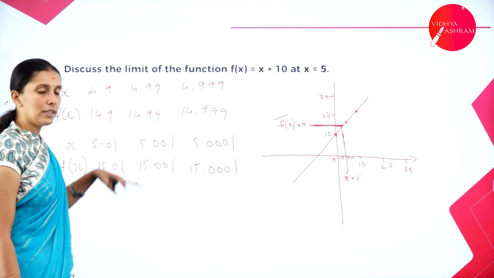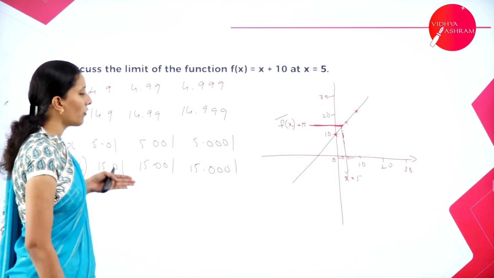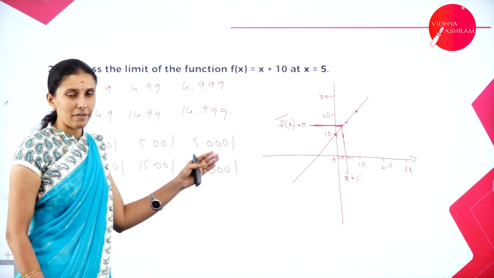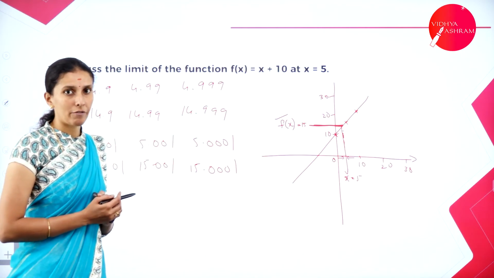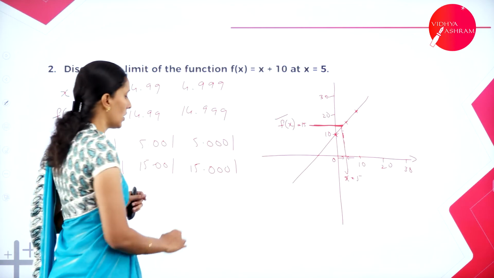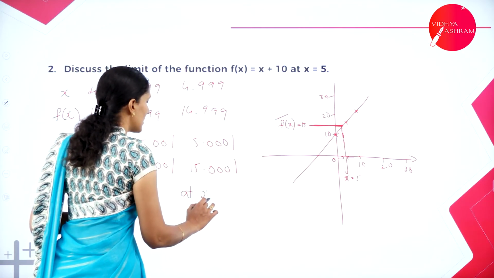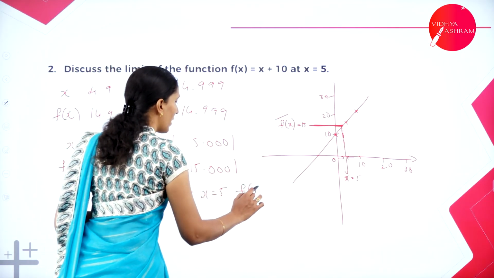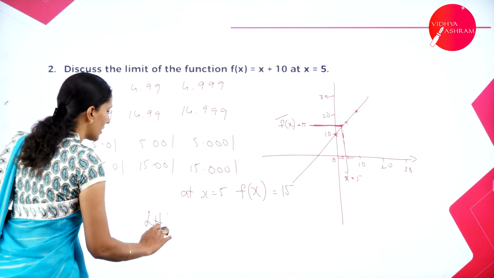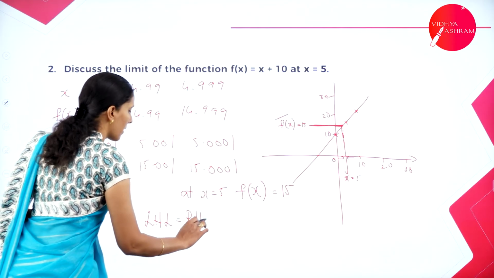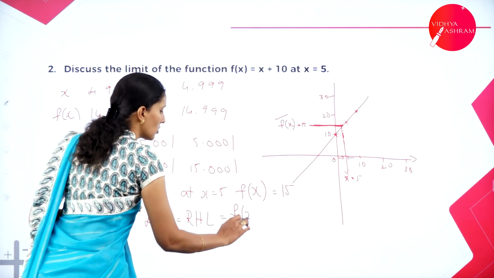So from both sides, the value of the function, either from the left or from the right, is the same as the functional value, that is f of x is equal to 15. So at x is equal to 5, f of x is equal to 15. Also, your left hand limit and right hand limit are the same as the functional value.